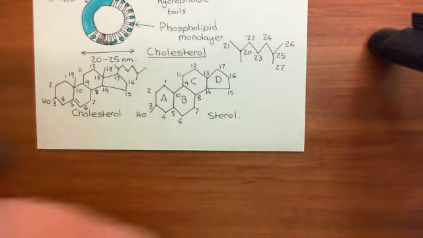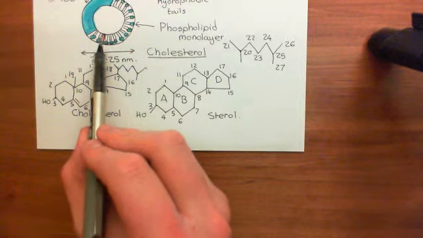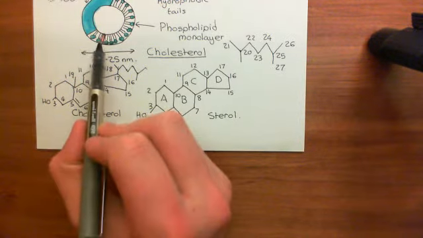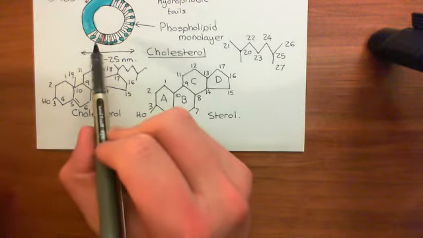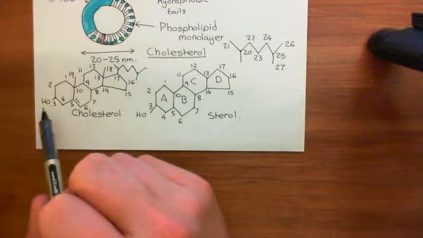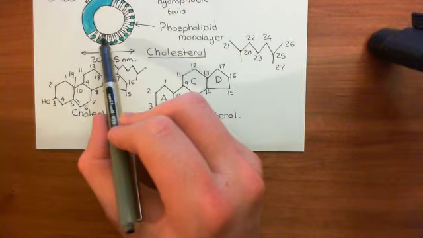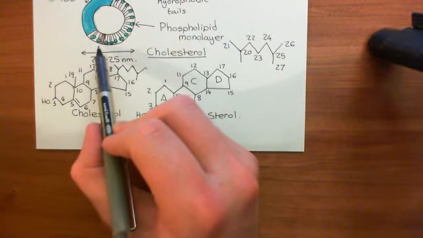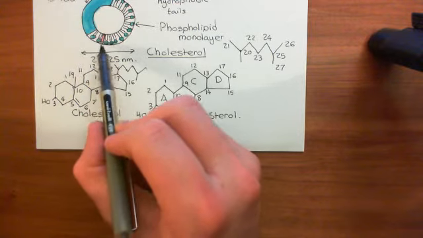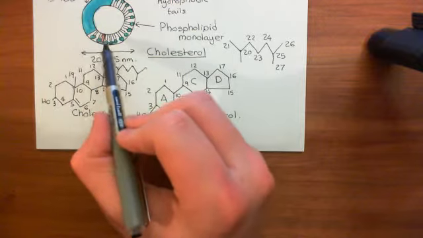So that structure that I've just stuck into that hole within the phospholipid monolayer is supposed to be a cholesterol molecule. Now, what will happen is it will orient its one glimpse of polarity, which is this one little alcohol group here, within this phospholipid monolayer so that that one alcohol group is sticking out towards the outer aspect and is therefore facing the water molecules that surround our LDL molecule.